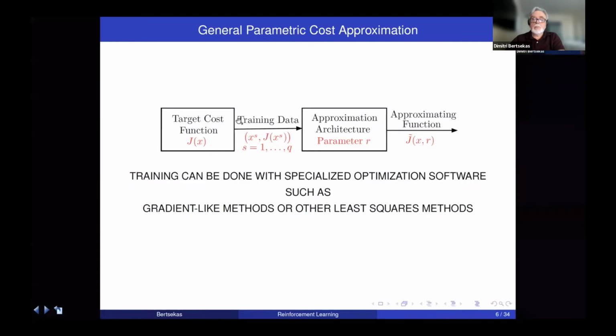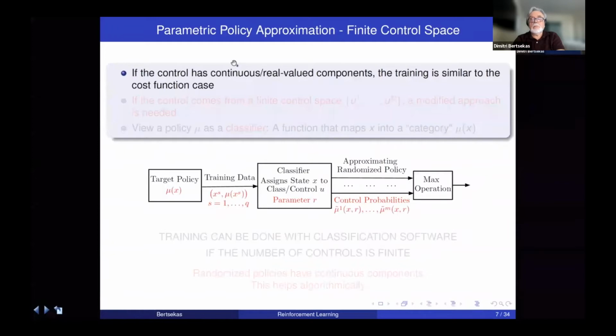Okay, so let's go into the other type of parametric approximation, policy approximation. This is a little different because costs are scalars, whereas policies involve controls from a control space.